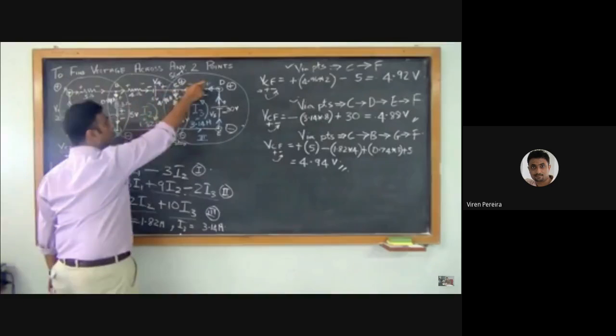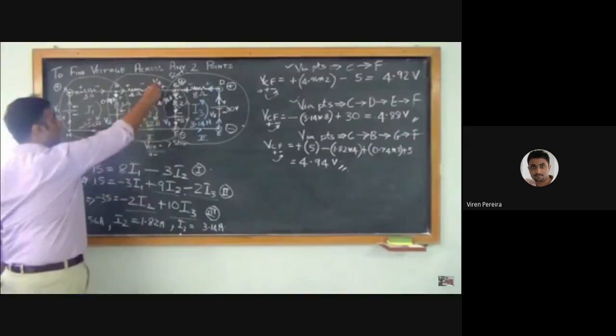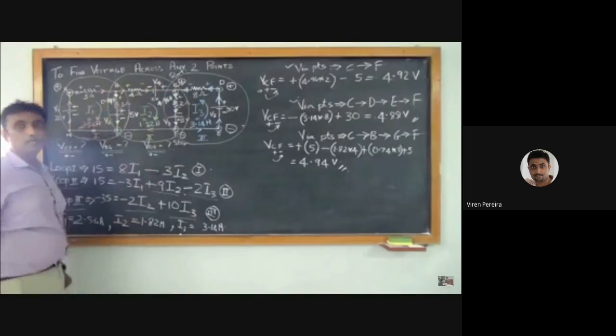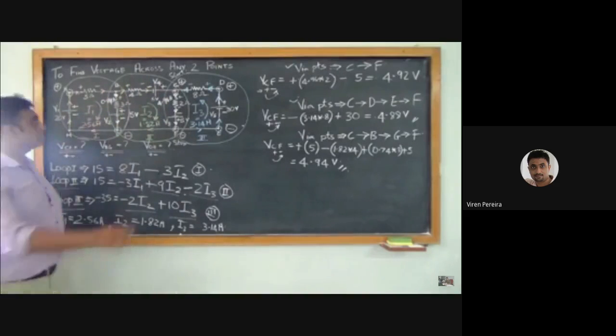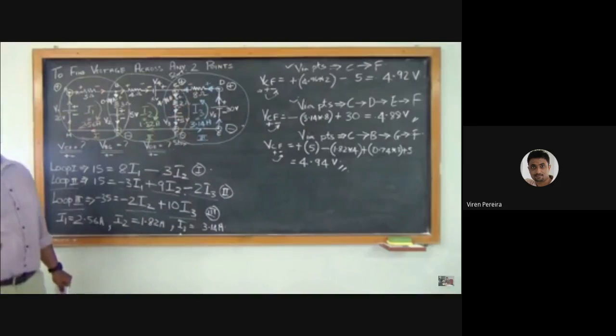In the same way, I have only one resistor and a voltage source here, whereas in the others I have more than two. So the shorter it is, the faster you can solve it.